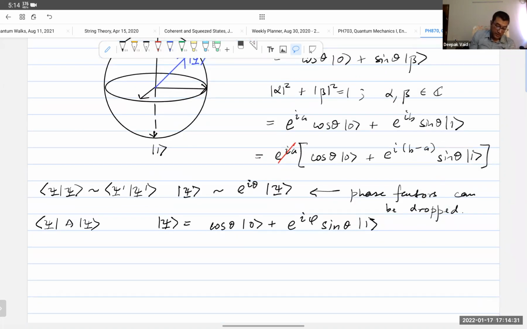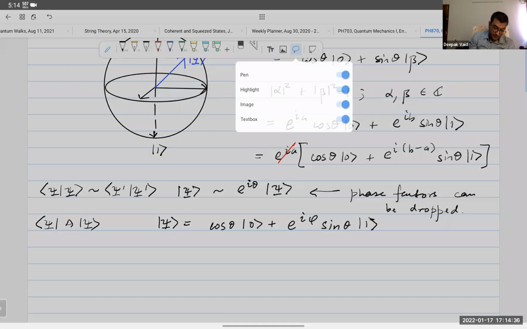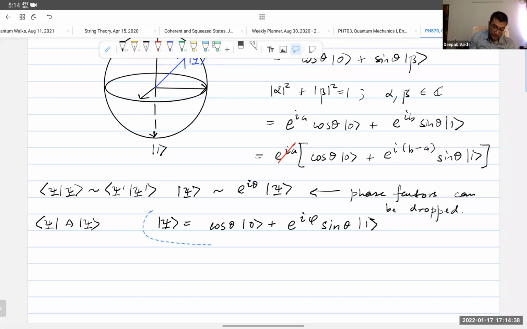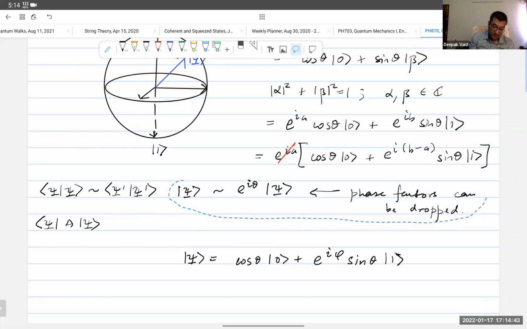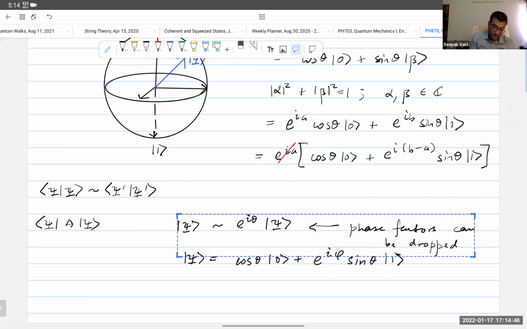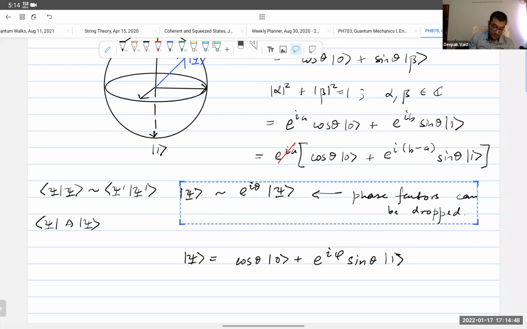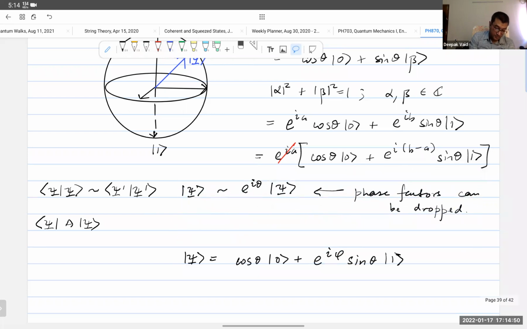Now, just to clarify, leave this over here one second. So let's say this is psi prime, and it's equal to this, right?